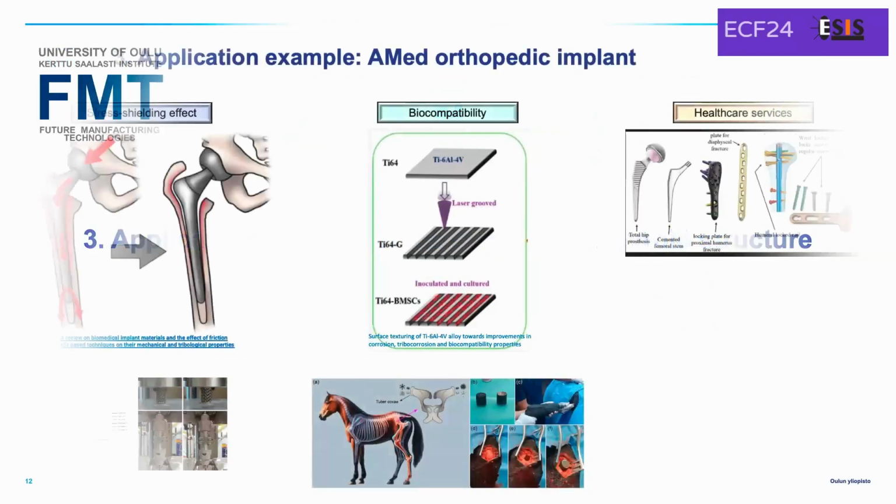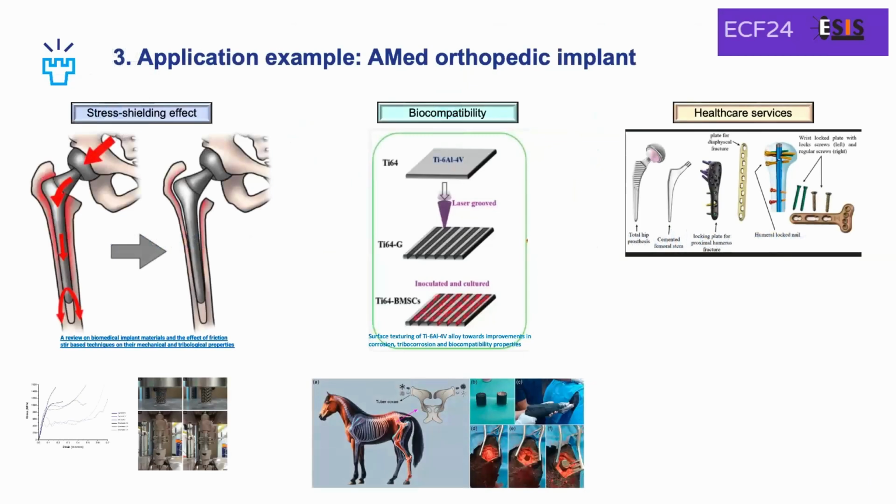This is the final slide. So we are quite far. We did this with a Costa Rican university; we started it like 5 years ago. We started to develop these lattices first so that we minimize the stress shielding effect. We have now developed lattices that exactly meet the properties of our bones.